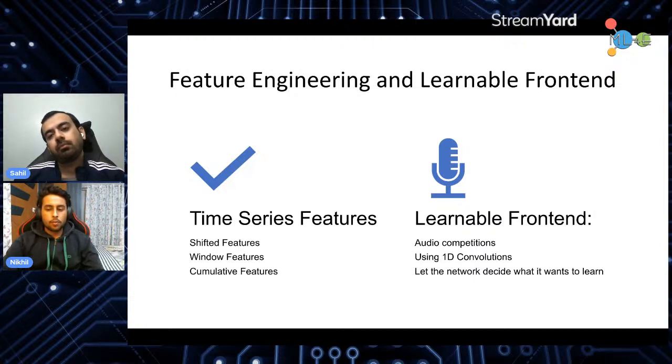And then we also had cumulative features. One cumulative feature that was helping a lot was the cumulative sum. So what is a cumulative feature? You keep on aggregating the feature up to the current point in the sequence.